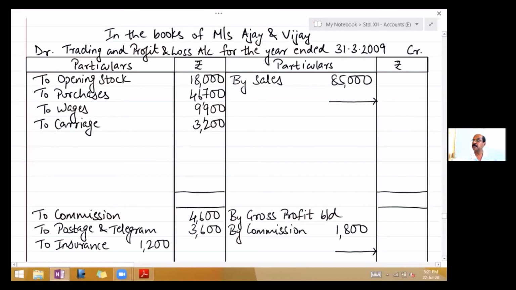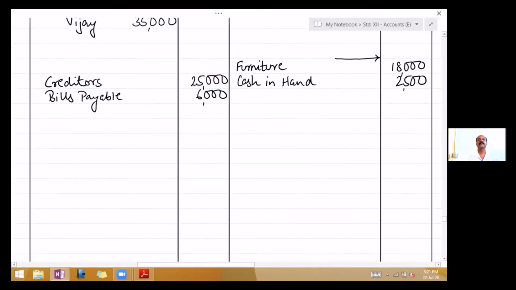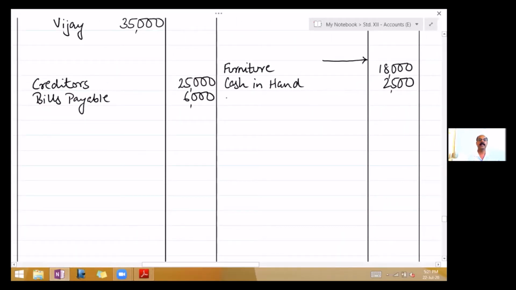After carriage, bad debts 400. P&L account debit side. Below insurance, leave one line and write bad debts. In the inner column, 400. Next, prepaid rent. Go to the asset side of the balance sheet and write there prepaid rent.